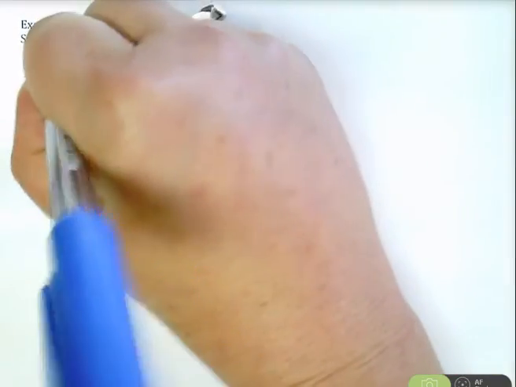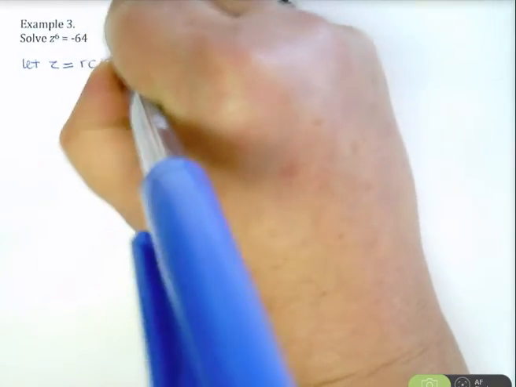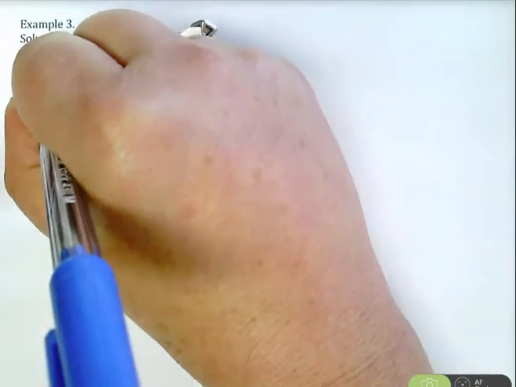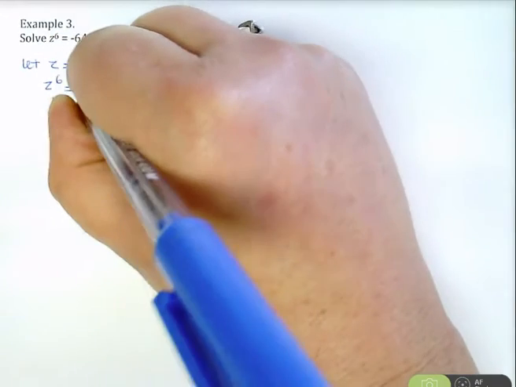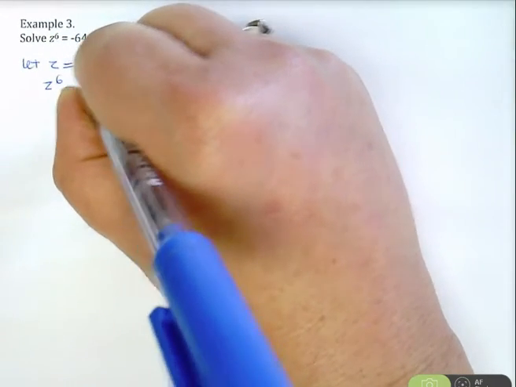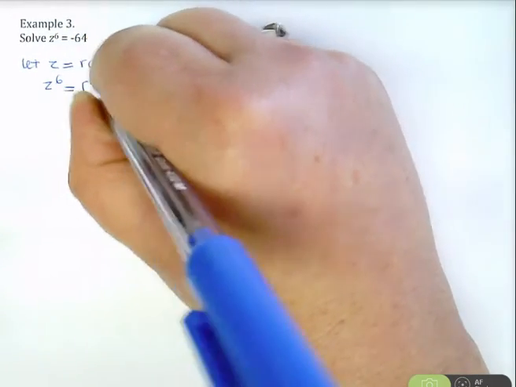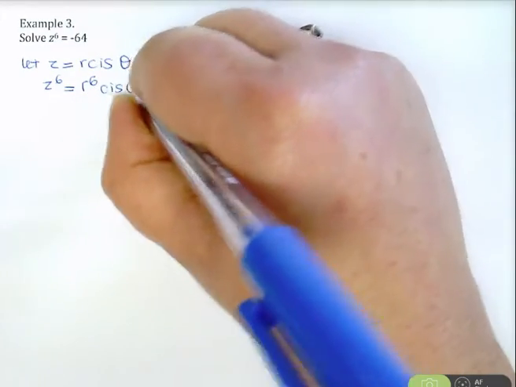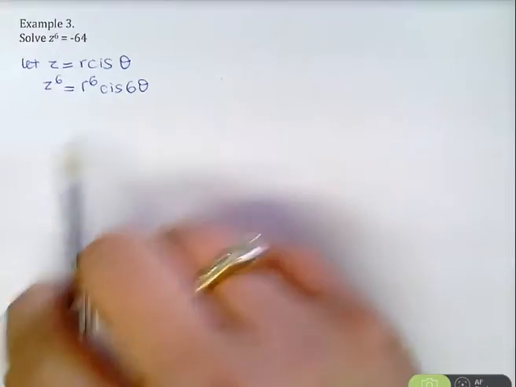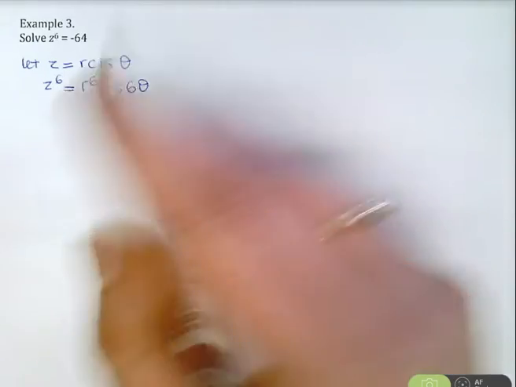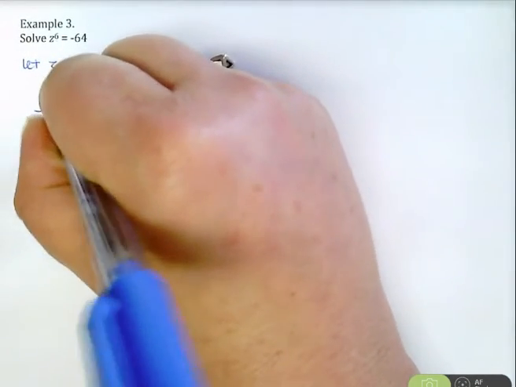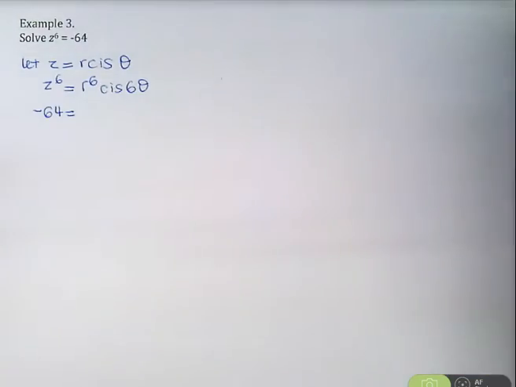Now, if we let z equal r cis theta, then z to the power of 6 using de Moivre's theorem equals r to the power of 6 cis 6 theta. So I've written z to the power of 6 in mod arg form. I need to also write negative 64 in mod arg form.